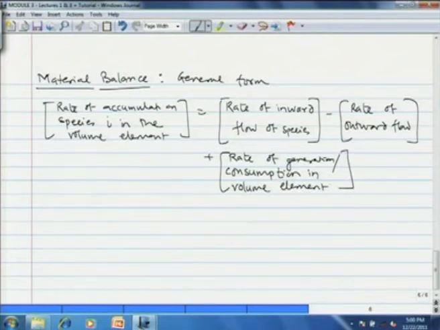The energy balance can also be written in a similar way.